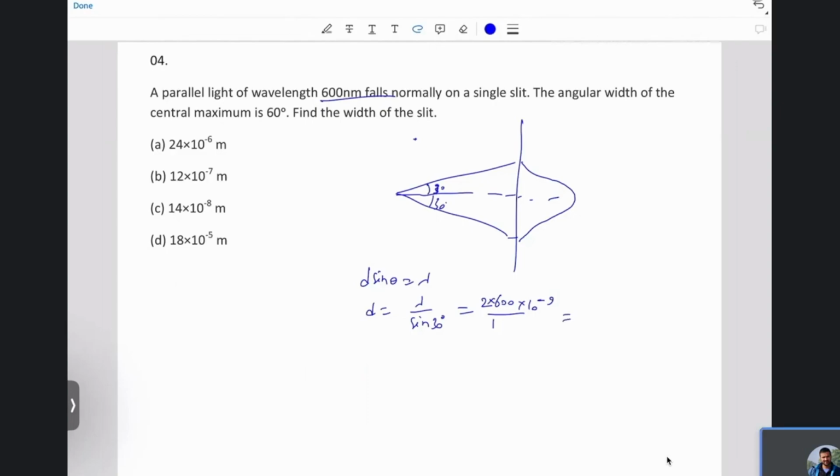So what will you get? 1200, 12 into 10 to the power minus 7, sorry, minus 7. This will be in meter, yeah. Okay, fine.